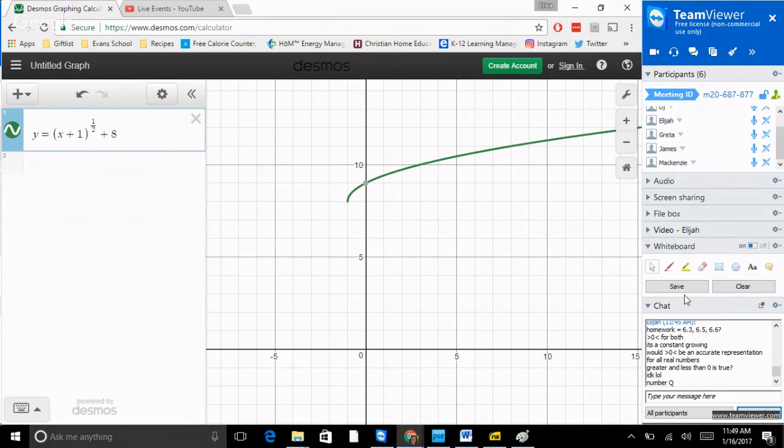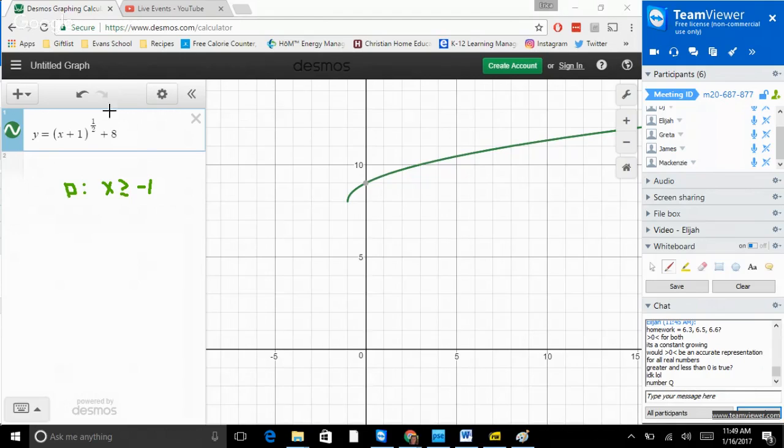So our domain for this particular graph would be that x has to be greater than or equal to -1. We can't have any x values that are less than -1.